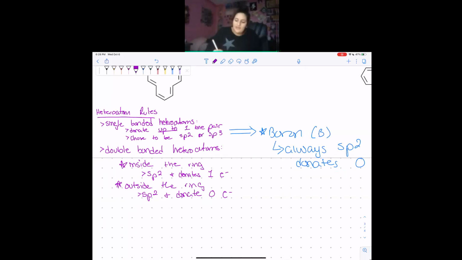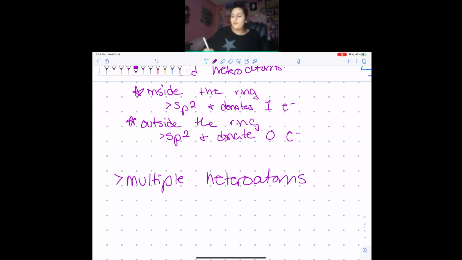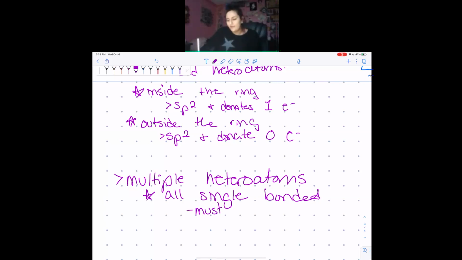Another rule is if you have multiple heteroatoms. If you have multiple heteroatoms and they're all single bonded, they must have the same hybridization.